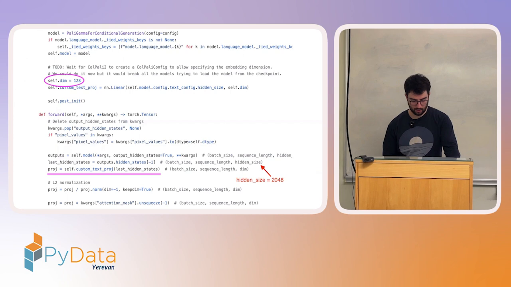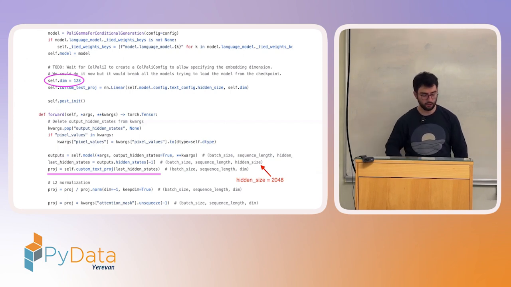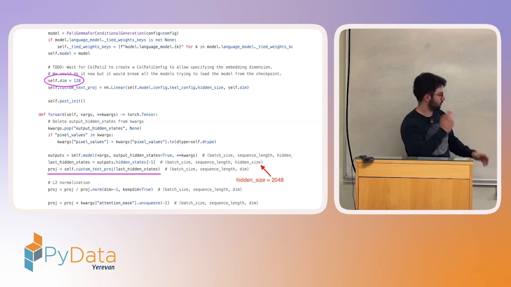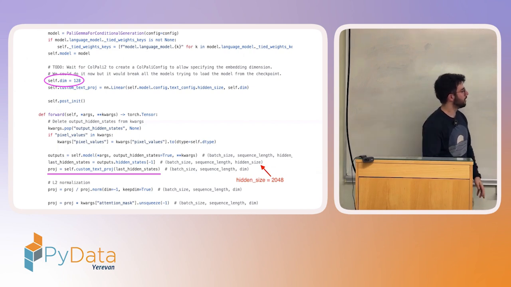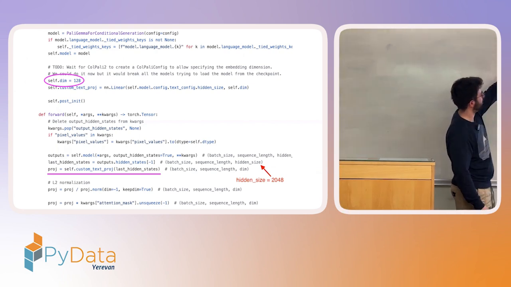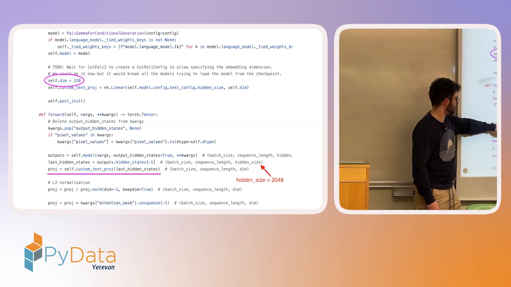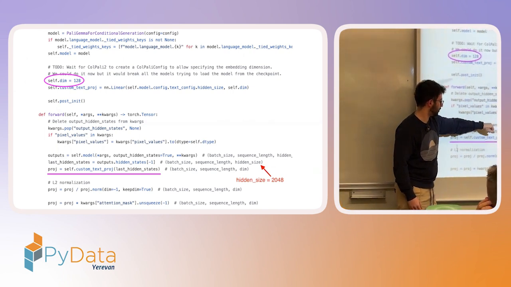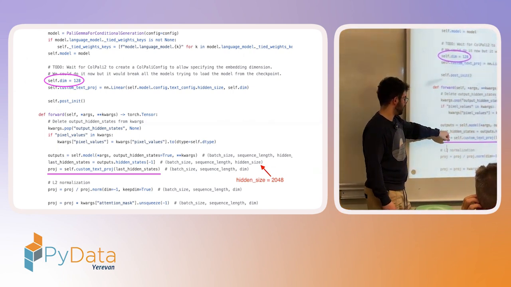Okay, and one last thing that they are also doing, which is important here. This is all the code for ColPali. One more thing is that our LLM is giving out the hidden dimension, which can be quite long. So in the ColPali case, which is the PaliGemma model there, they do the model forward pass, and this is the last hidden state.